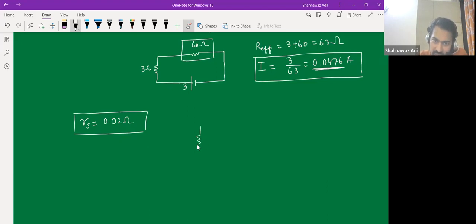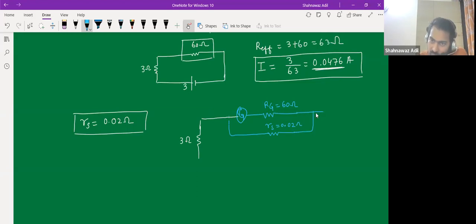So I have this 3 ohm resistance, and I have this galvanometer whose resistance is 60 ohm, and then I have added some shunt resistance which is 0.02.